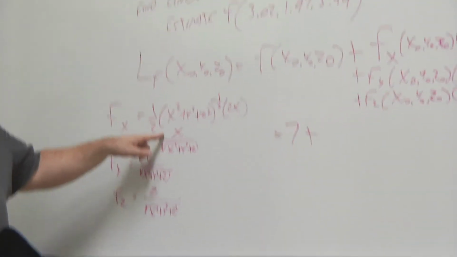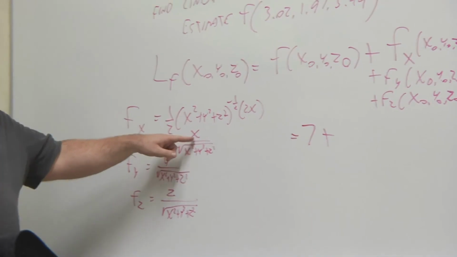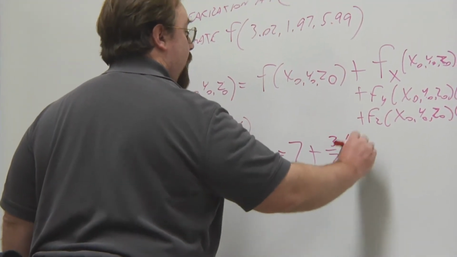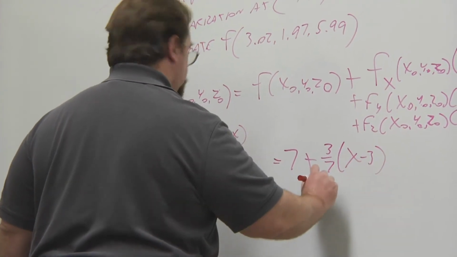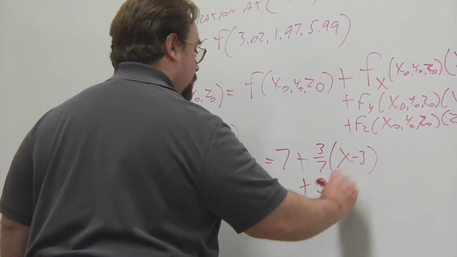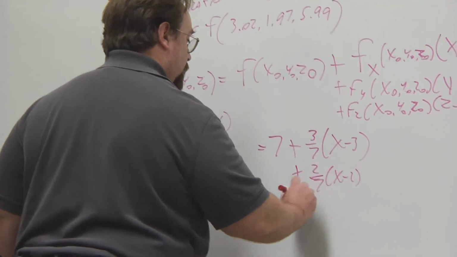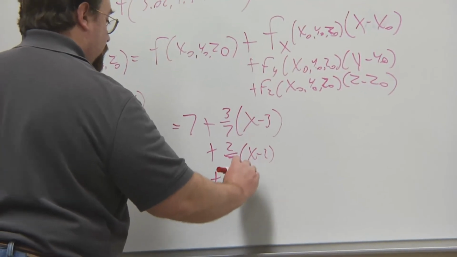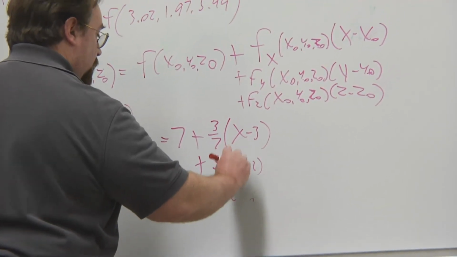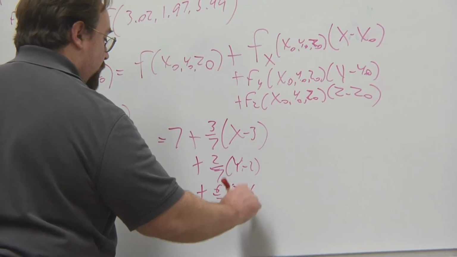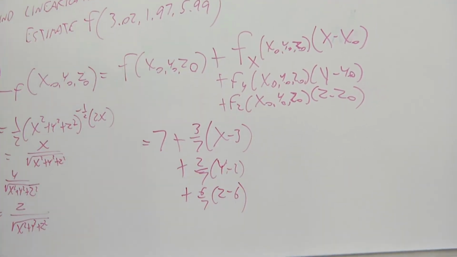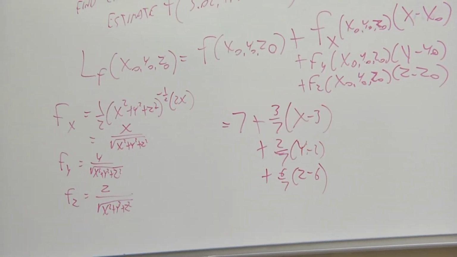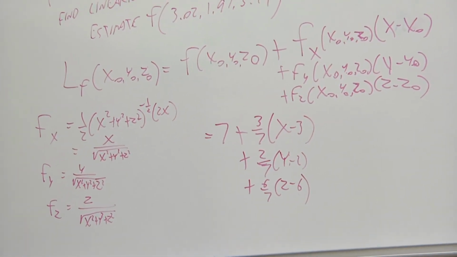The partial with respect to x will be 3/7, and the x value is 3, so x minus 3, plus 2/7 times y minus 2, plus 6/7 times z minus 6. So that's the linear function that approximates f near this point.